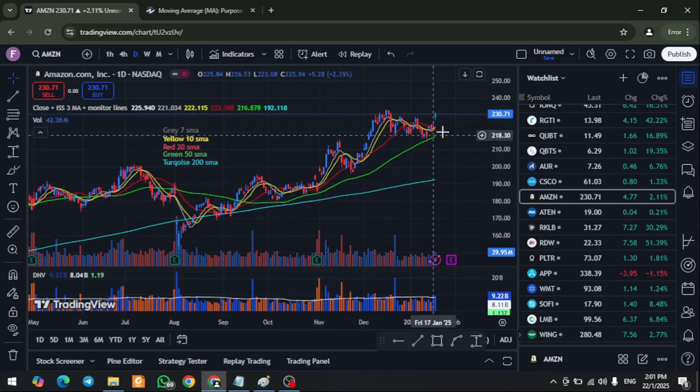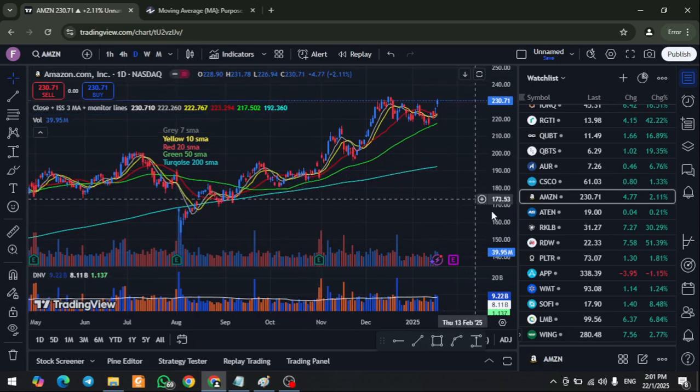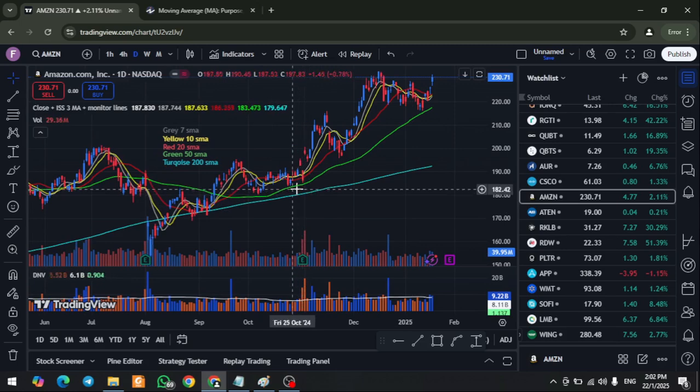This green line is the 50 days moving average. Every time the price comes close to the 50 days moving average, it bounces back, and also this time it bounced back. So you can use this level as your entry point, and you can place the stop loss just below the 50 days moving average.